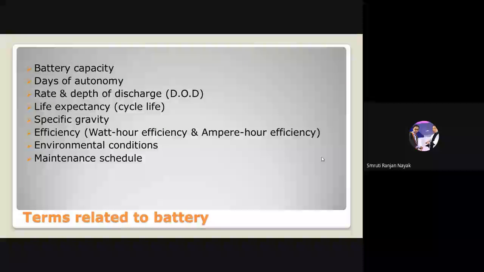These terms are more related to the designing. Though solar panels do not require any maintenance frequently, your storage system, the battery system, must require this. So you must know the terms related to the battery. One by one we will go.